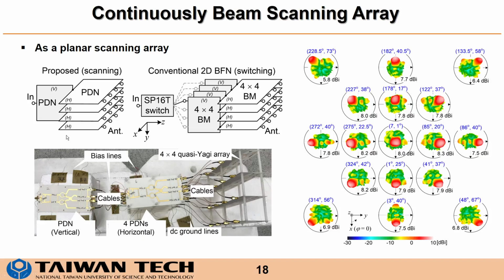With the continuous beam scanning array, we first try to build the array that can scan in one dimension, and then by stacking up the one dimension beamforming network, we got the 2D beamforming network here.